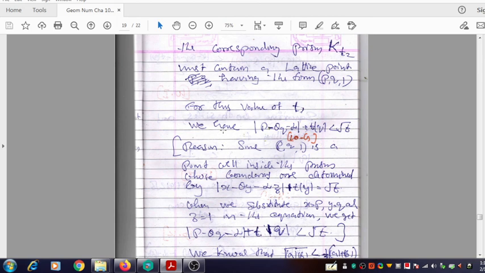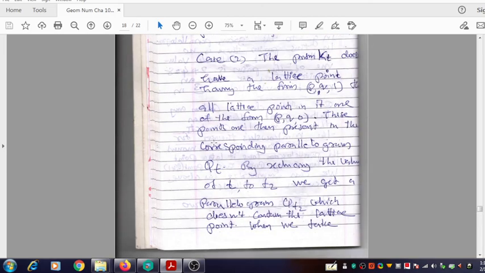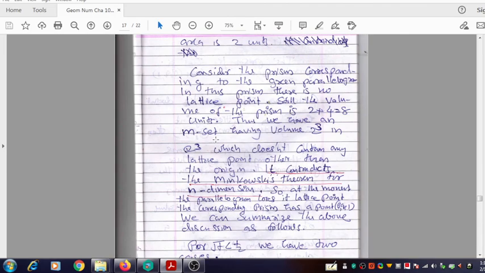So for that value of t for which it exists, there exists a lattice point of the form pq plus 1 in the prism. Then we can substitute in one of the equations.